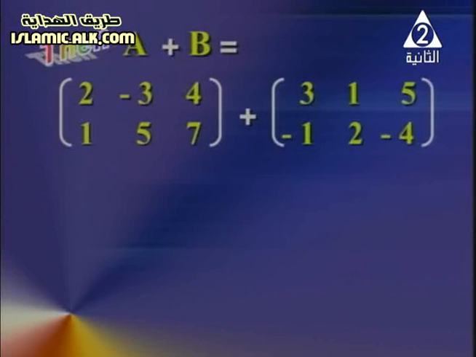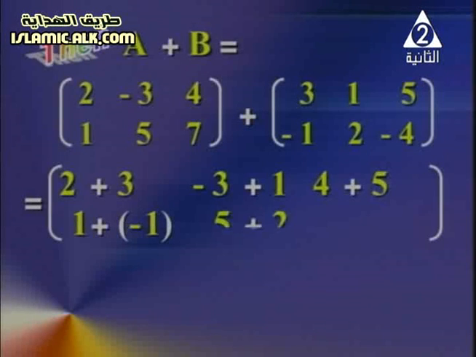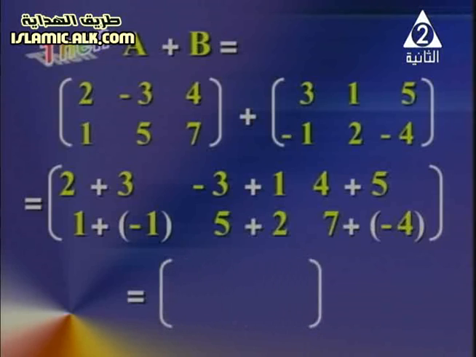Add each element with its corresponding element. 2 plus 3 is 5, -3 plus 1, 4 plus 5, 1 plus -1, 5 plus 2, 7 plus -4. Then the answer is 5, -2, 9, 0, 7, 3. This is the result of A plus B.